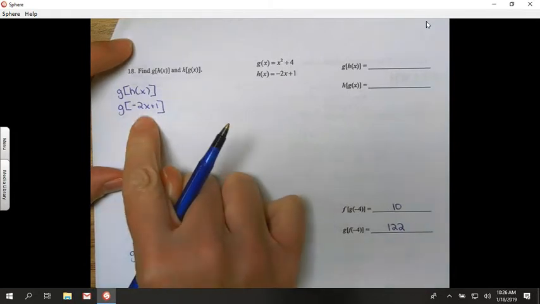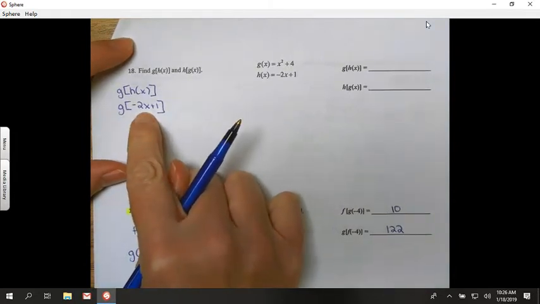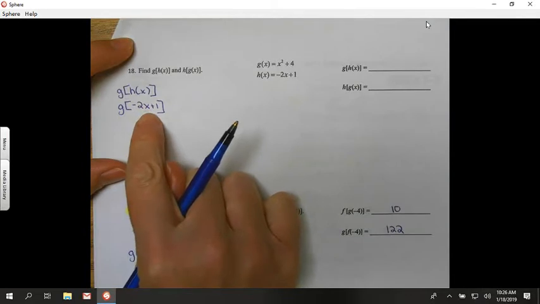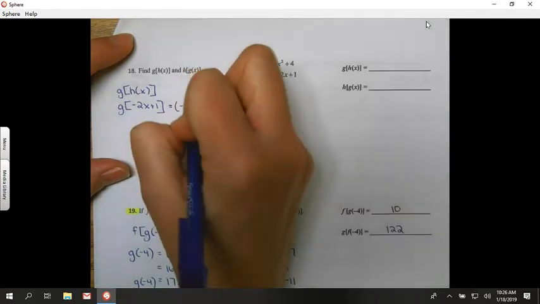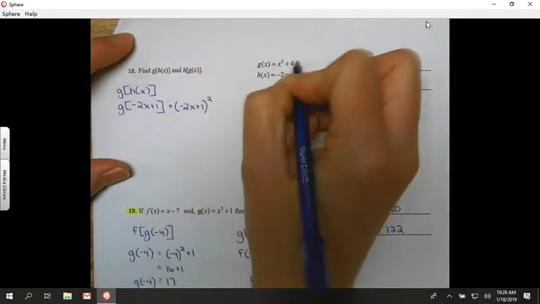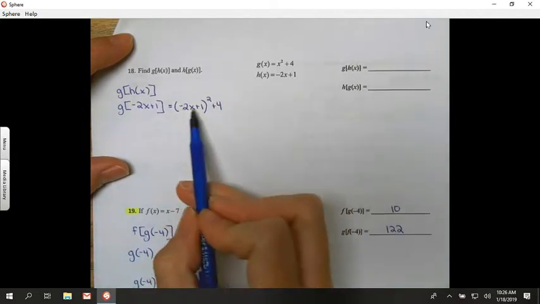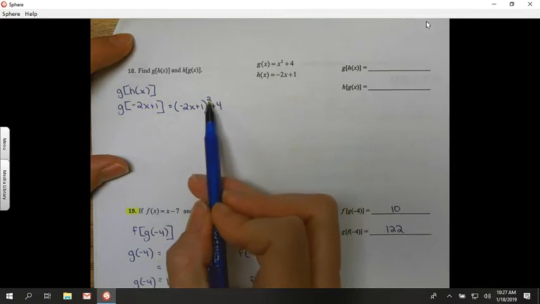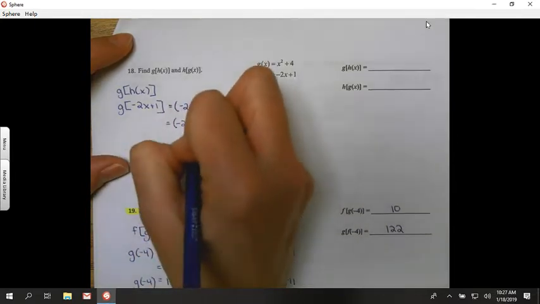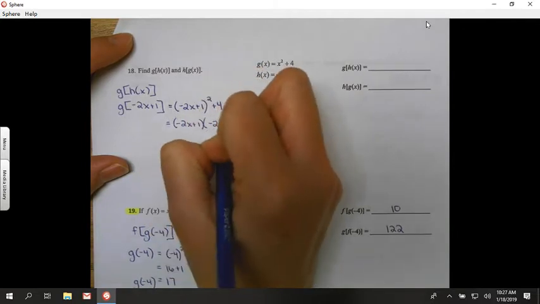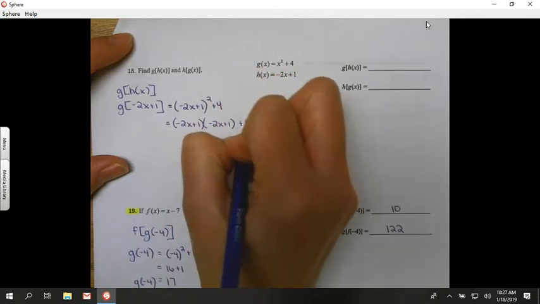Again, anytime I have something in here, all this is telling me to do is replace the x in the function g with the negative 2x plus 1. This time I have a squared, so negative 2x plus 1 squared plus 4. When I have negative 2x plus 1 squared, that actually means I have 2 of these. So negative 2x plus 1, negative 2x plus 1, and then plus the 4.